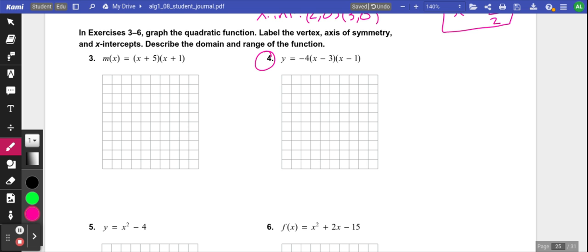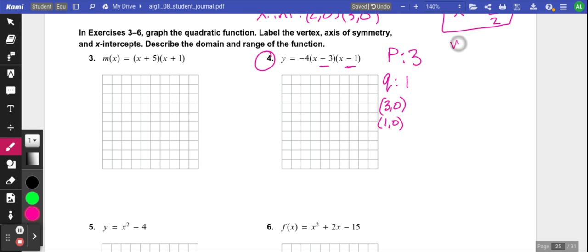Okay, first I want to think of what are my P and my Q. I've got this negative 3, which I want to change to positive, and a negative 1 that I'm also going to change to positive. Okay. So I know I've got x-intercepts. I've got one at 3, 0, and 1, 0. So I've got 2 of my points right there.